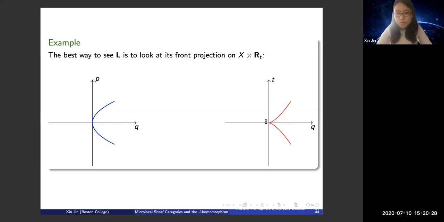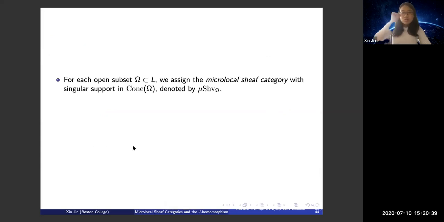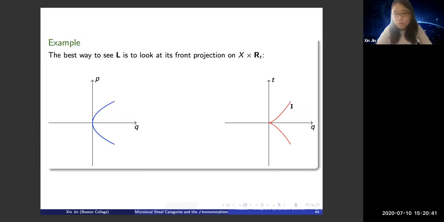You see an interesting cusp here because you have some tangency of your Lagrangian with the cotangent direction. When you try to read off the conical Lagrangian, you just draw the conormal vectors to this singular hypersurface. Then you have all the data of this L.